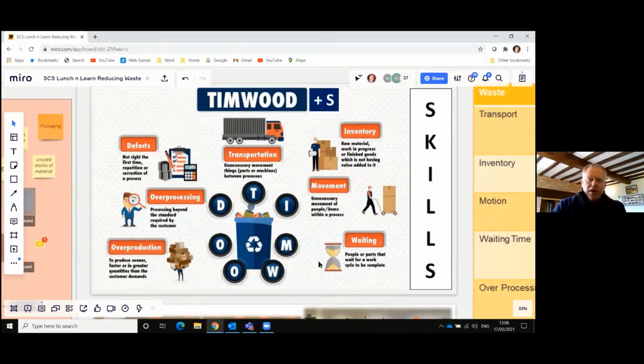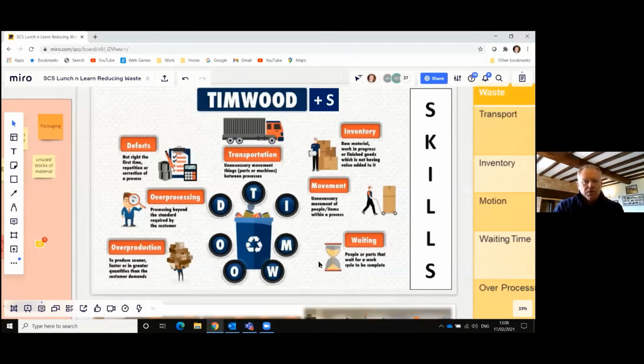And when we look at the waste, which counts for 95% of everything that we do, it can be categorized in these areas. And our challenge is to seek out by looking and seeing on our sites where we see some of these instances of waste.